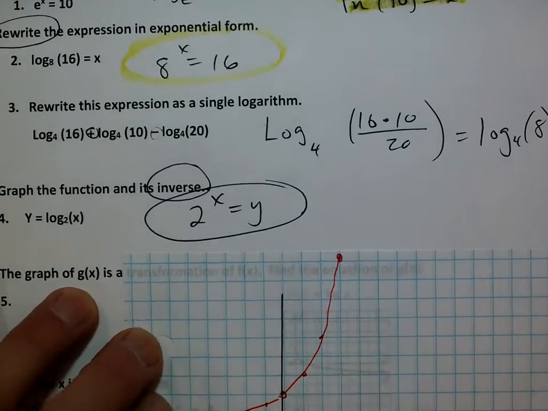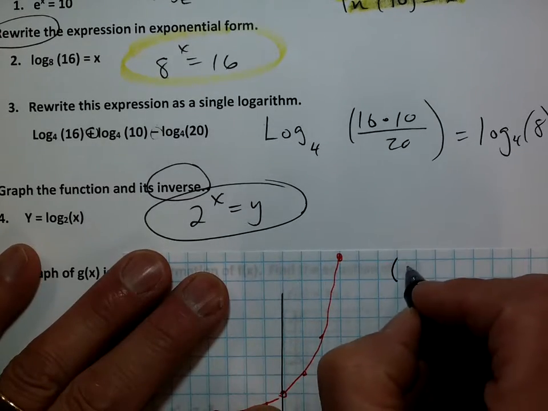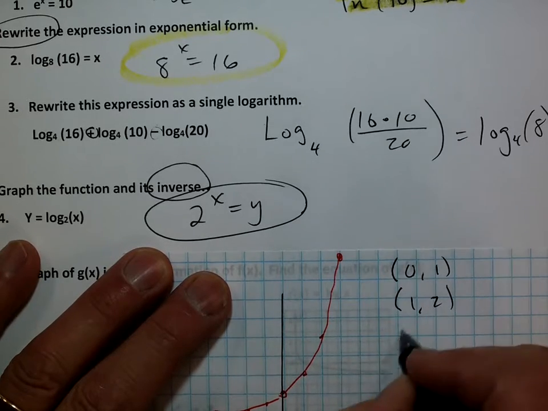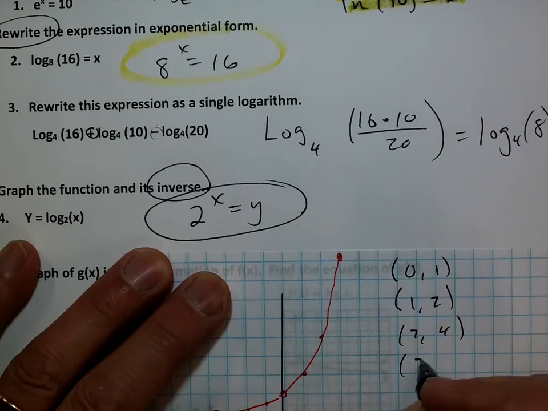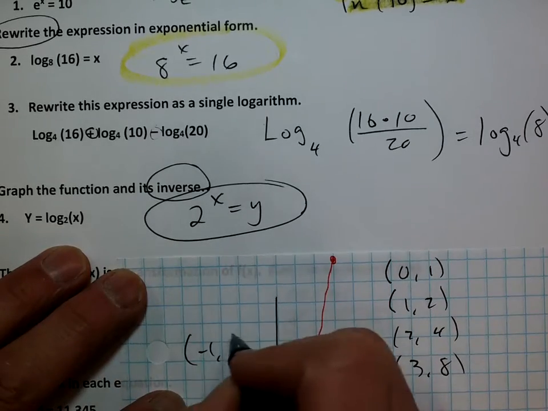What I like about that is if I put down the points, we'd have a 0, 1, a 1, 2, a 2, 4, and a 3, 8. We'd even have a -1, 1/2.